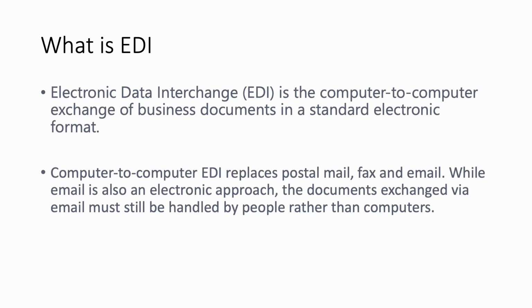So what is electronic data interchange? It's basically the computer-to-computer exchange of business documents in a standard electronic format. It replaces things like mail, fax, and email, and while sometimes email seems like it's an electronic approach, most of the documents exchanged are handled by people rather than by computers.